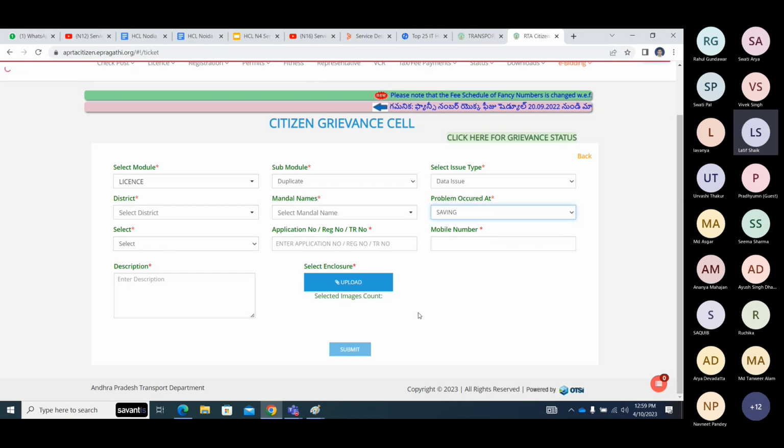See this, they are giving a portal. From the portal I give the information, and it goes directly to the concerned department. Then they will check it and give you the information.